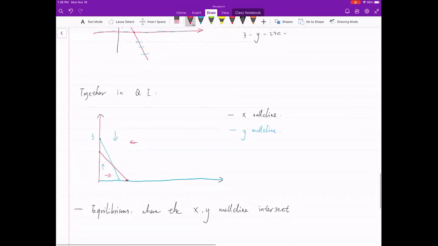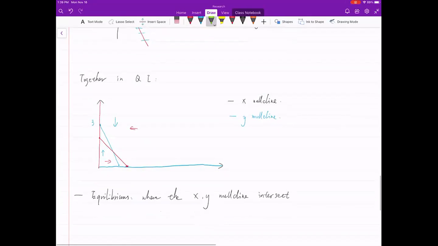Okay, so where the red and blue intersect, that will be this location, this location, this location, and this location. Okay, where do they intersect? That's where the x prime and y prime both be 0. That's where the 4 equilibriums are.